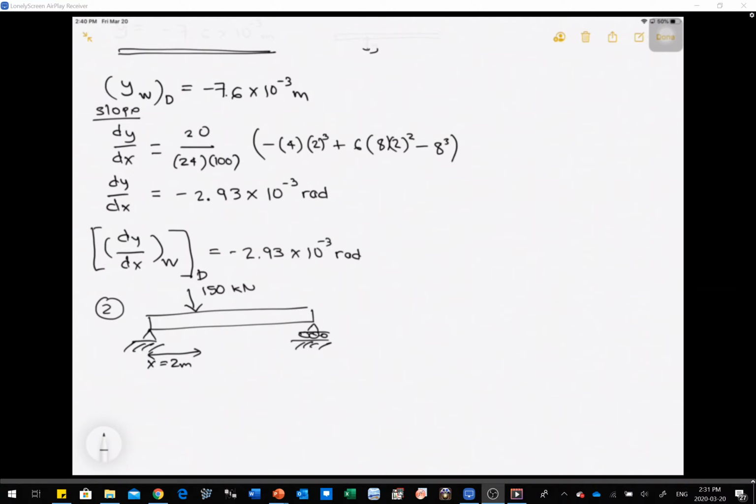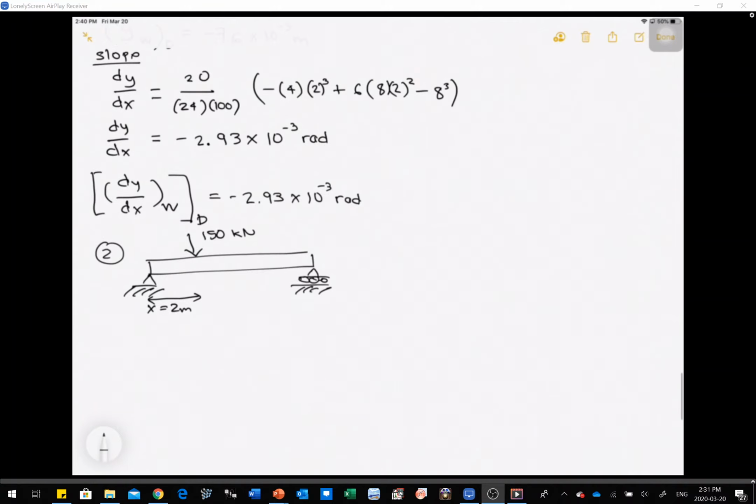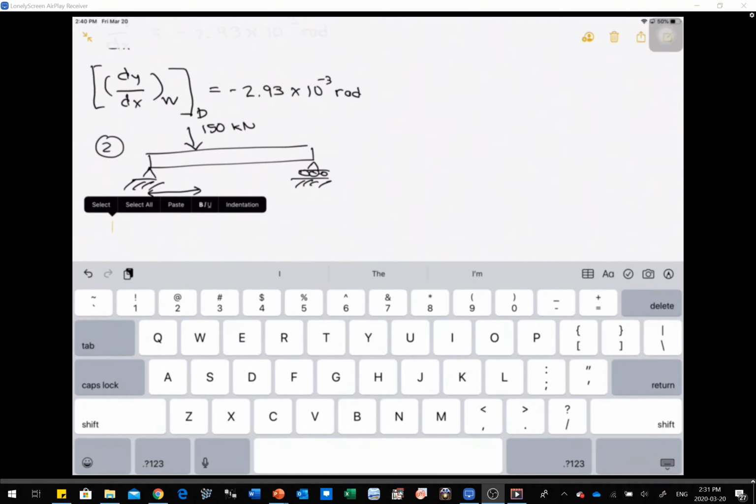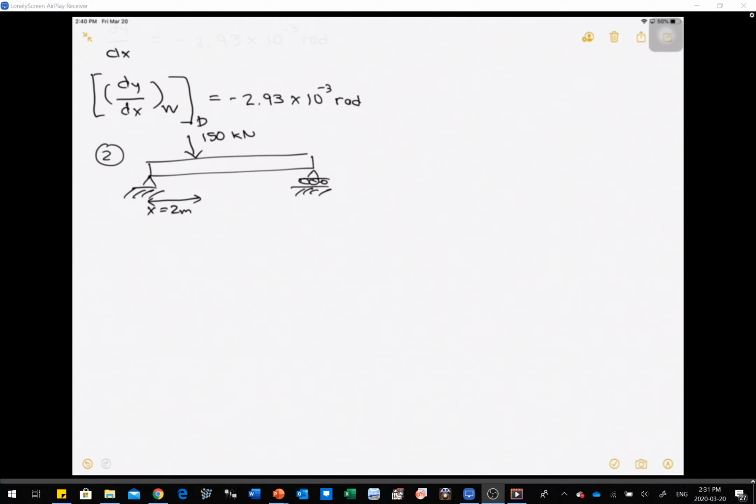Now, if you're going to solve this problem right here, you are going to get this number, which is dy/dx.